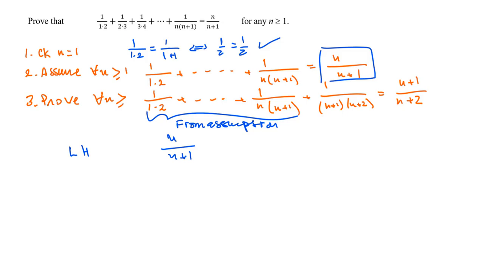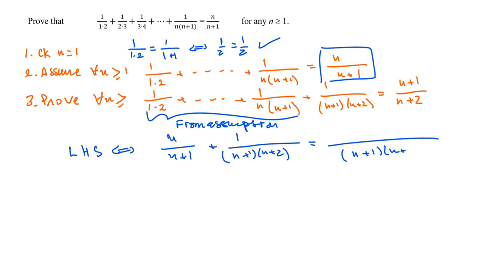And therefore, the left-hand side becomes as follows. Now we do the least common denominator, which is n plus 1 times n plus 2 for both. So here we need to multiply the first term by n plus 2, plus 1.